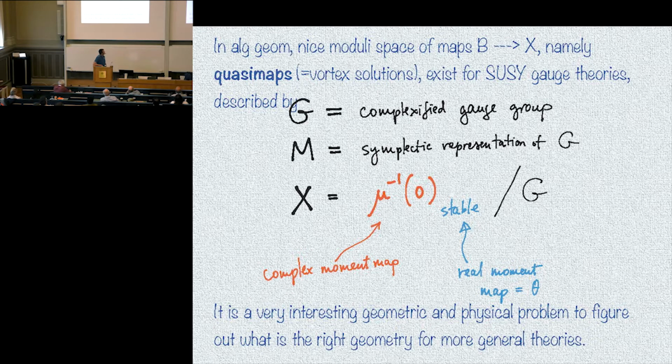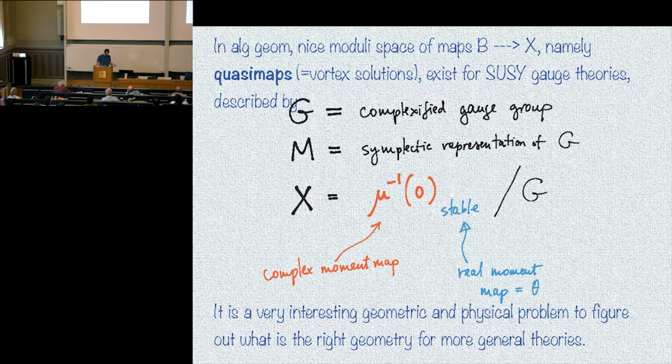And so the data of a gauge theory is just an arbitrary gauge group, an arbitrary symplectic representation of the group, and then in this case X is the algebraic symplectic reduction. That is to say, you set the value of the complex moment map to be 0, you take the stable locus, and you take the quotient by the group G. So in physics language, restricting to the stable locus is the same as setting the real moment map to be something. And so these are the moduli spaces with which we actually work.